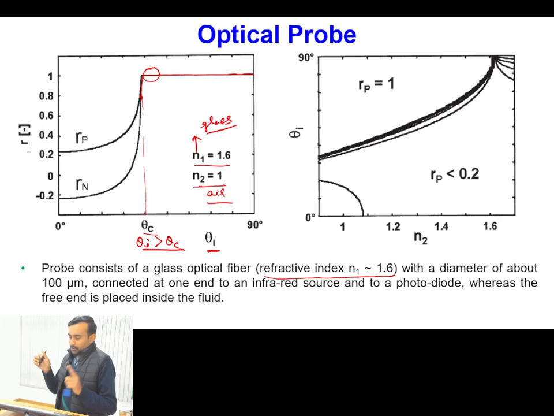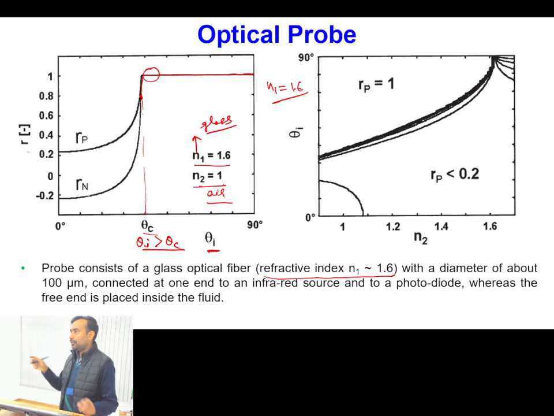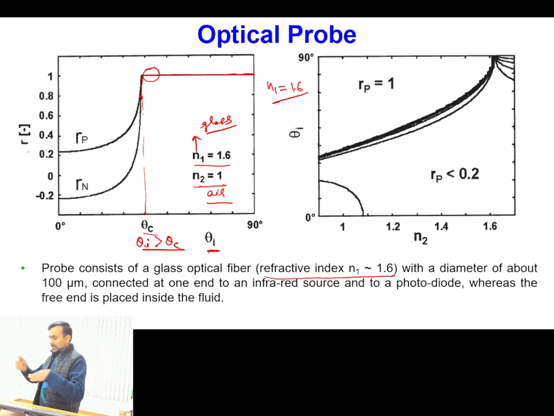So our N1 is frozen if I am making the optical probe of glass, but the other material which will interact with the probe is subject to our application. That is why we also have to see the behavior for different values of N2. Are all clear with this point? So I have plotted N2 along the abscissa and the incidence angle along the ordinate, and corresponding to this we obtain a contour map.